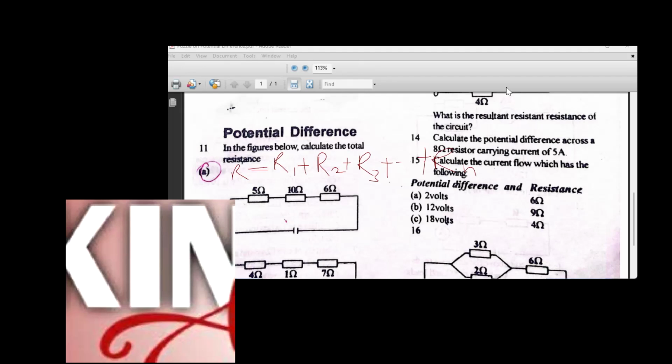So all we need to do is the summation of all the resistances to arrive at the equivalent resistance of the sum.